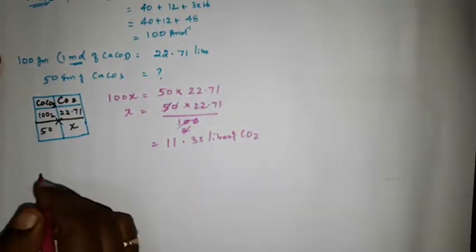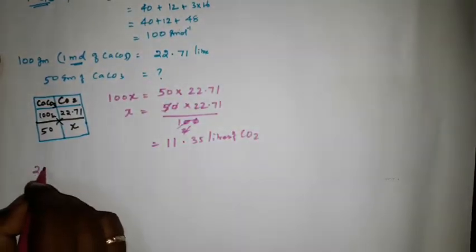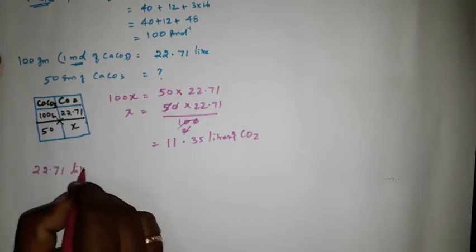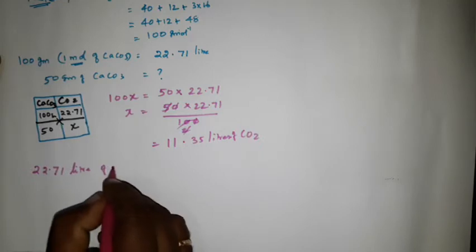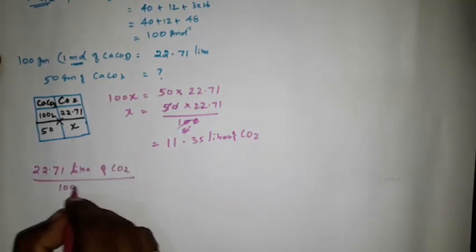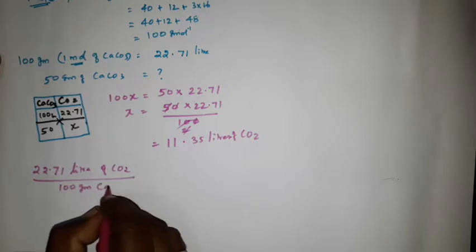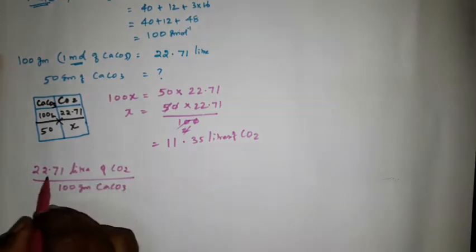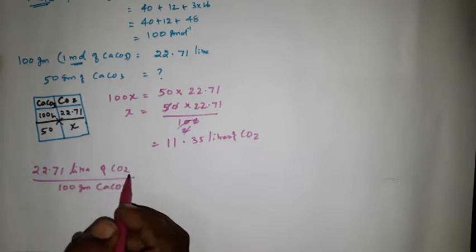See here, 22.71 liters of CO2, then 100 grams of CaCO3. 100 grams of CaCO3 will produce 22.71 liters of CO2.